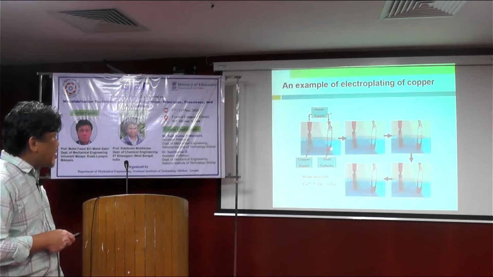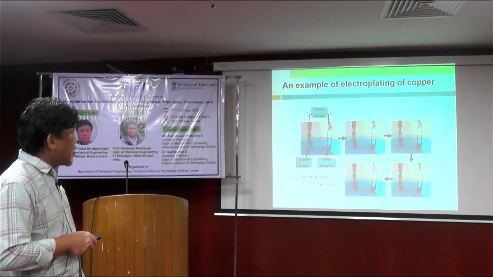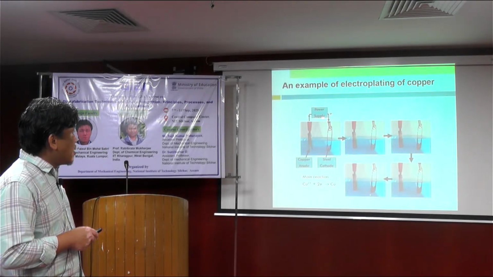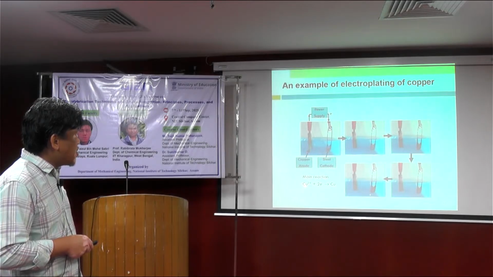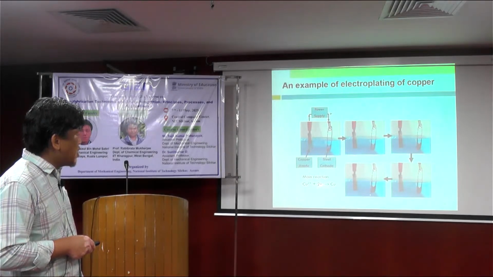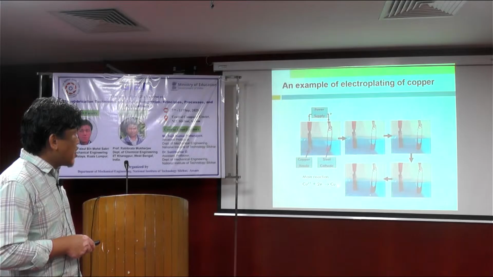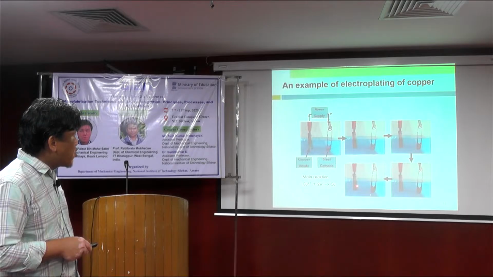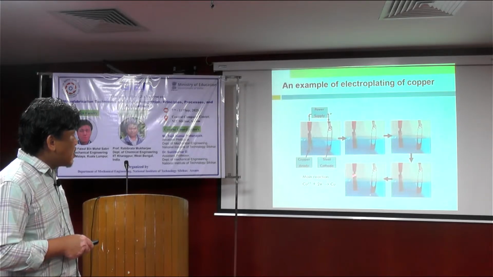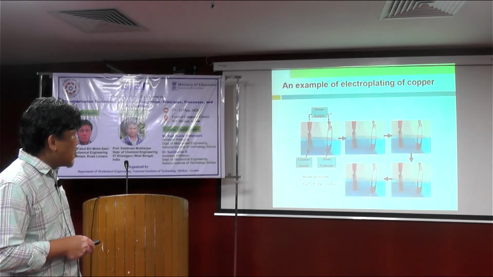This is the actual setup of a copper anode and steel cathode, and you have your power supply. The reaction is Cu2+ plus 2 electrons, then you get copper. From here, you can see that it's deposited on the cathode.